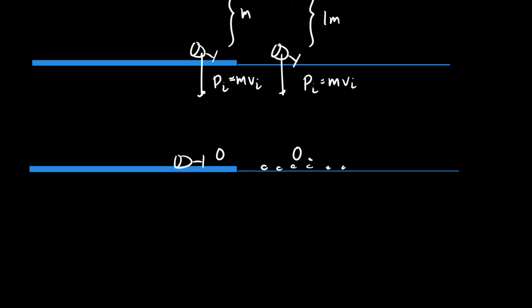The change in momentum on the right is 0 minus the initial momentum, and the change in momentum on the left is 0 minus the initial momentum. They're the same.